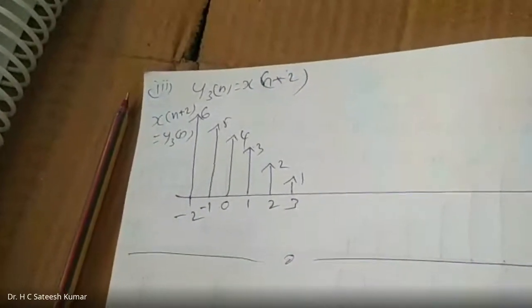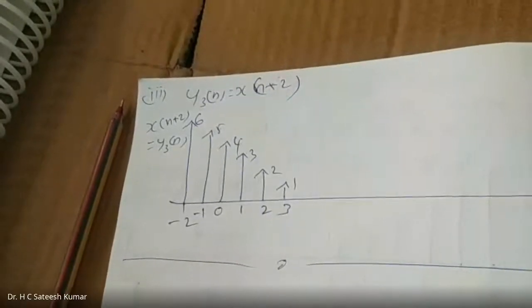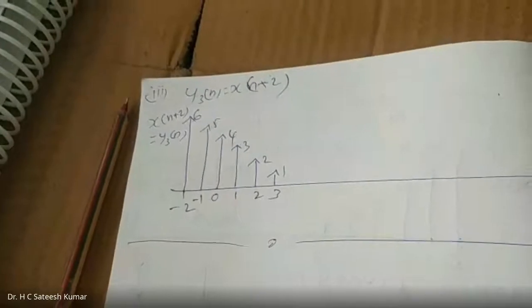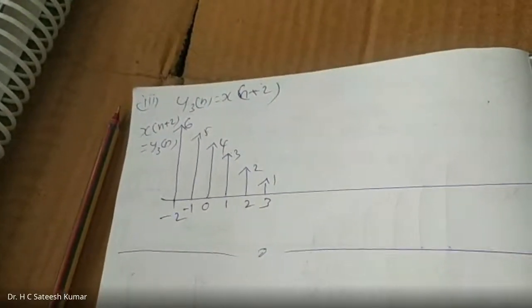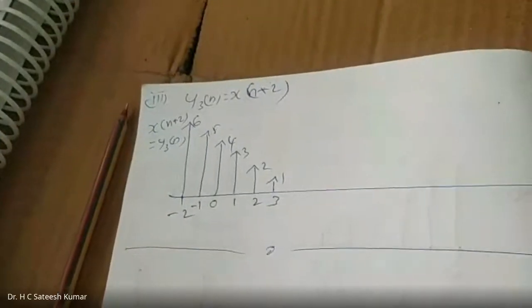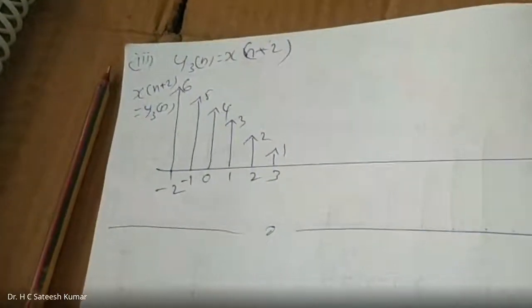But in this particular paper, one input signal is given and one output signal is given, a modified signal. What operation should you do to get that signal? That means you have to find the operation.